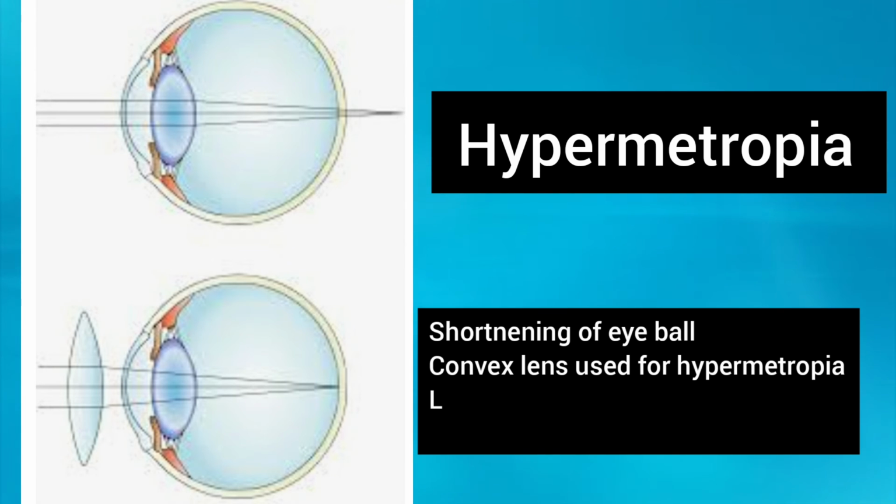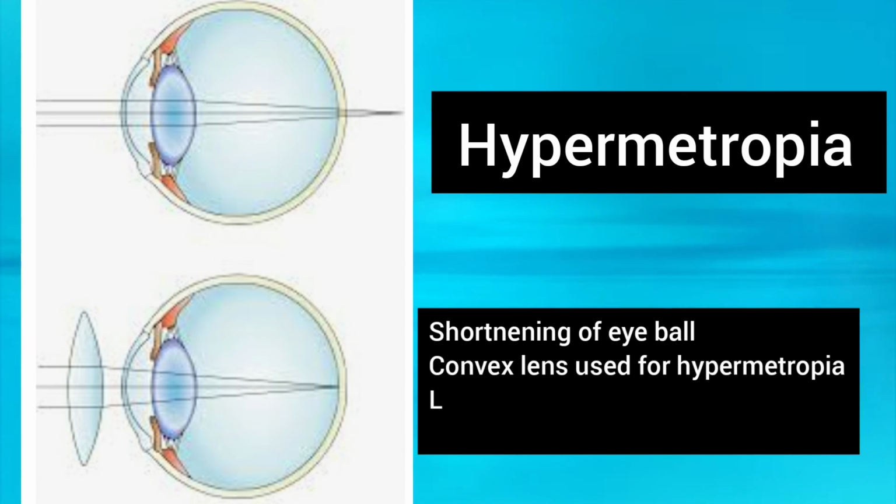The focal length of the eye lens is increased, and the distance between the eye lens and retina decreases. So the near point has moved further from the eye.